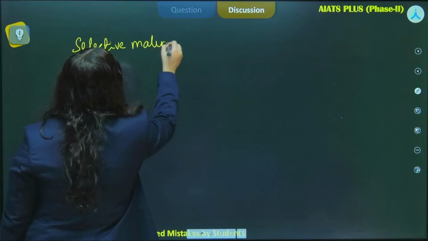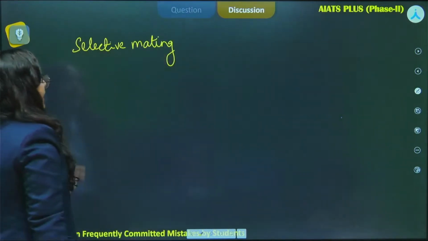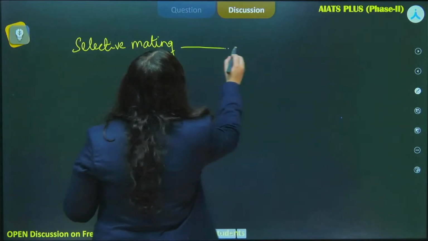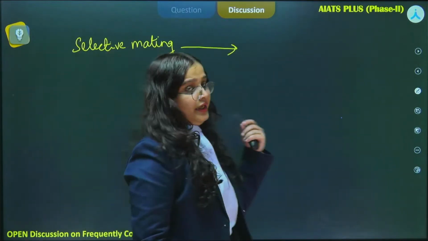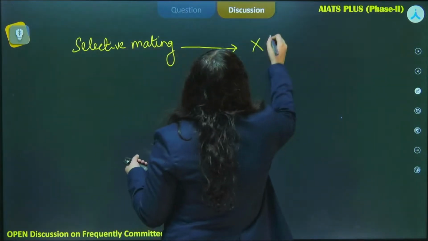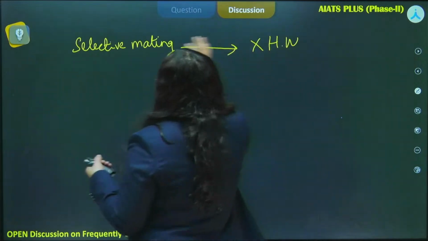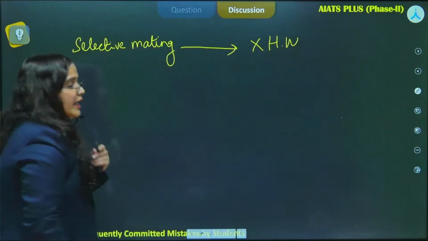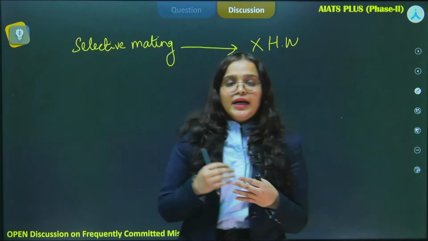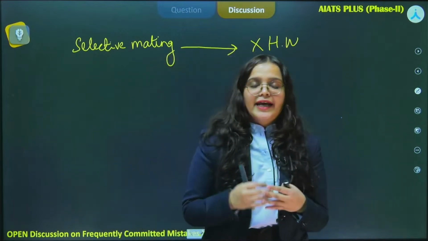So basically, in a population that is exhibiting selective mating, that population will not be in Hardy-Weinberg equilibrium, because if selective mating is being performed, it means that only a particular gene is being selected and is being favored.